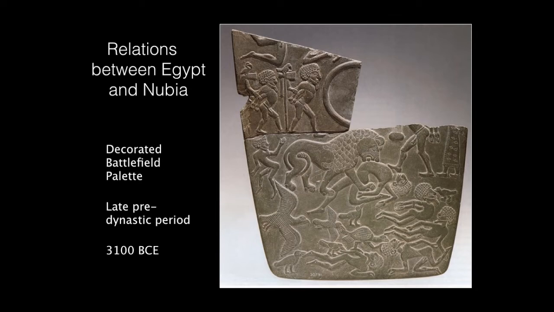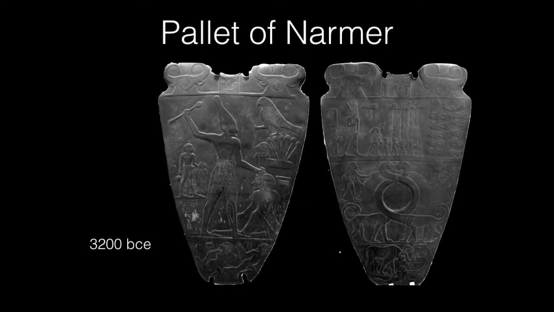There are a few of them, and they usually evoke this powerful degradation of the Nubians. But we also see that in the palette of Narmer, which is a little bit better preserved, and you can start to see here what a complete palette might look like. Again, we see the subjugation and humiliation of the Nubians, being held by the hair.